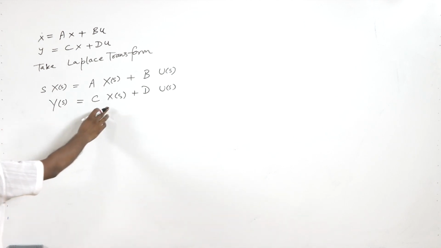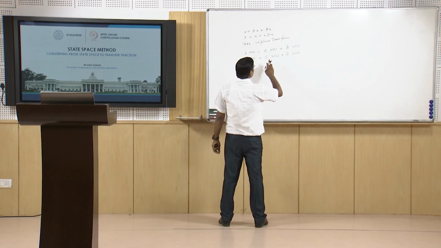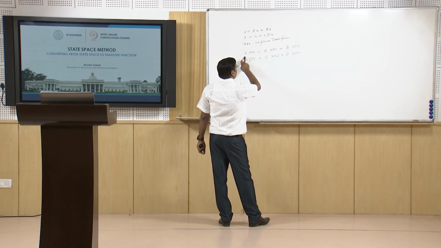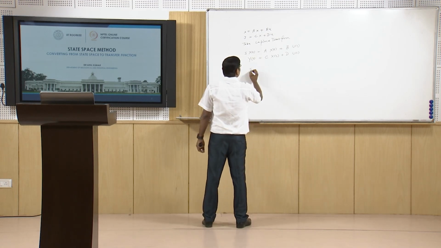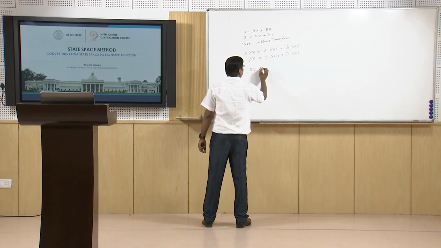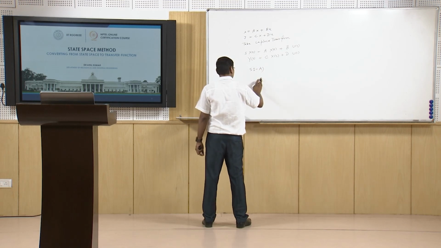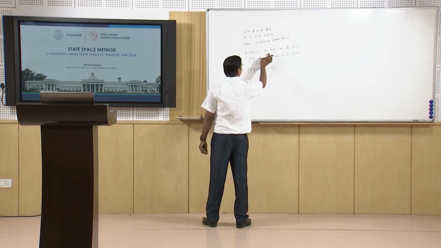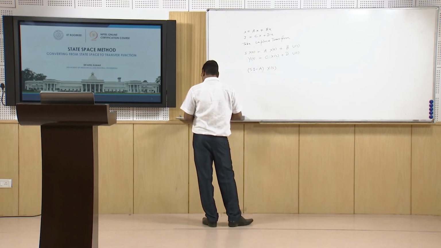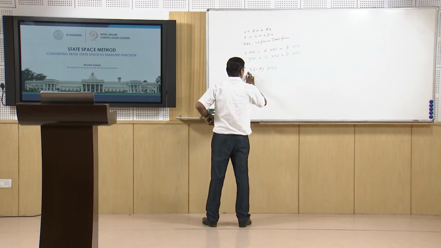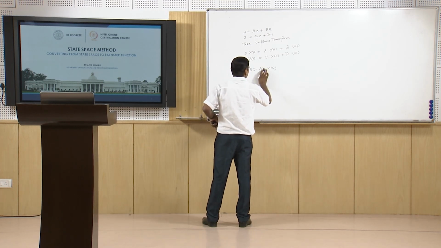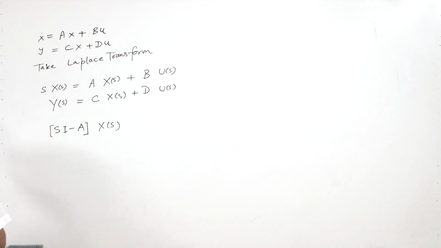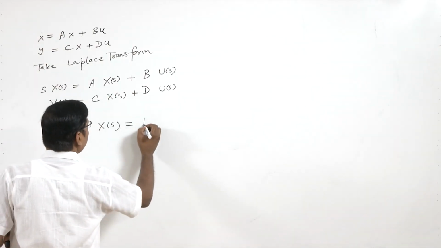So we find X(s). When we want to solve for X(s), we have (sI minus A) X(s) equal to BU(s).